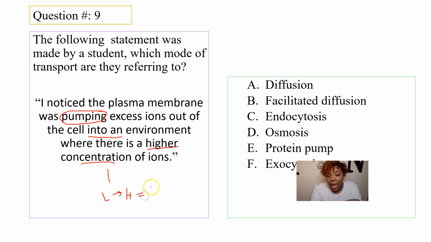And if it's going from low to high, that lets me know it's active transport, and I'm going to put AT for active transport. Another indicator, and a huge one, is the pumping. If it's pumping, that means it's using ATP. So if it's active transport and it's using ATP, I only have one option: protein pump.